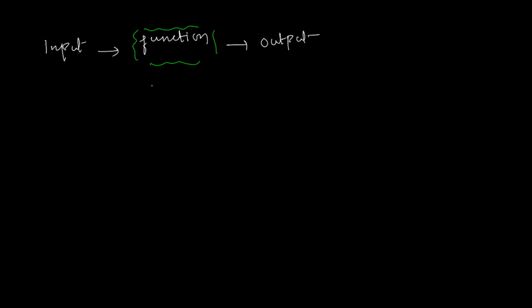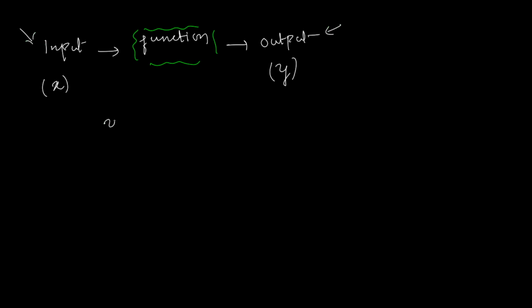In all the equations that I just discussed, the input was all the values of x that you could possibly give, right? And the output would be all the y values, right?